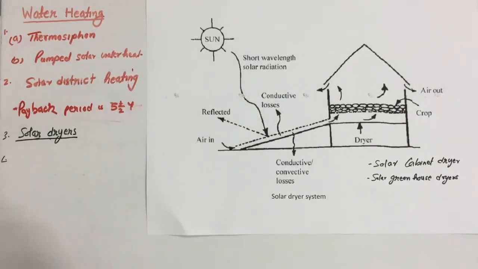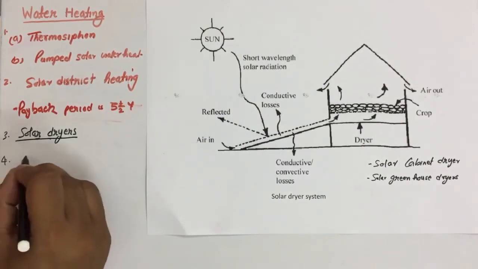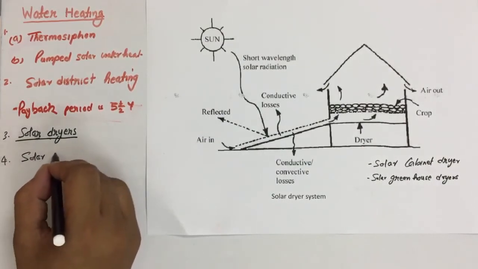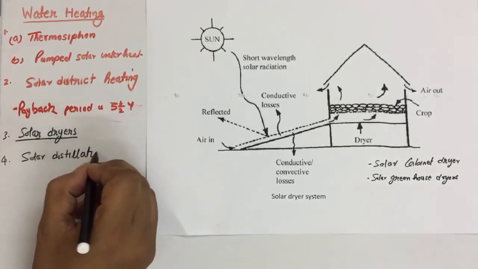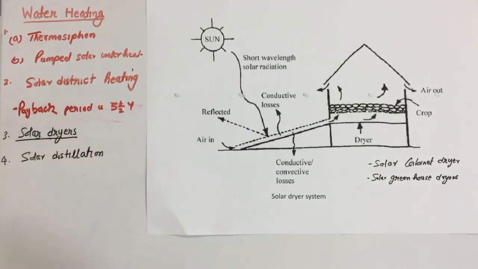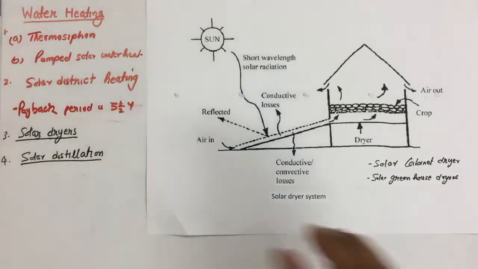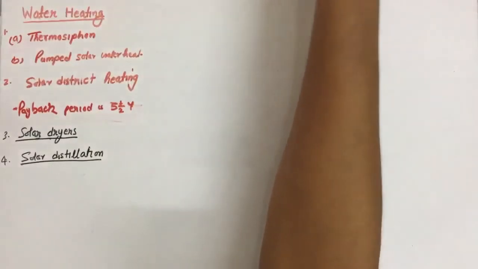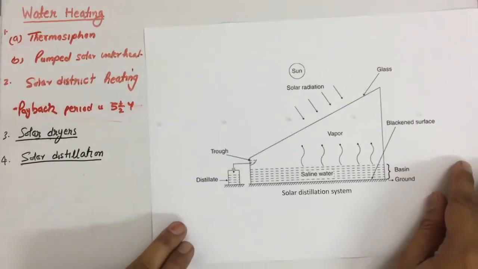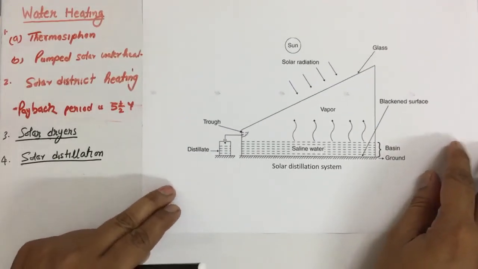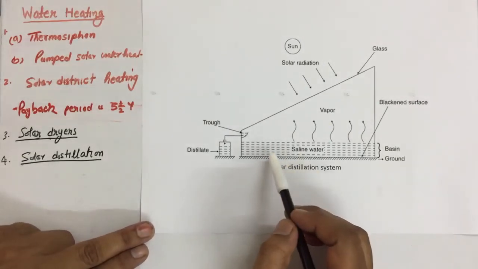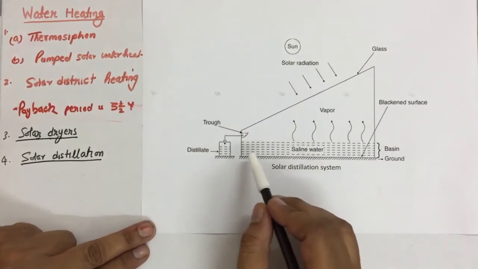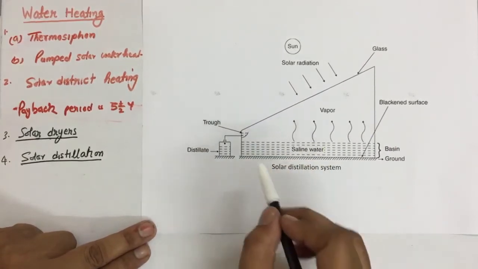Next in this series is solar desalination. And for that purpose the image is placed here. This is the solar distillation system, and this is the full system, in which this is the saline, impure water.